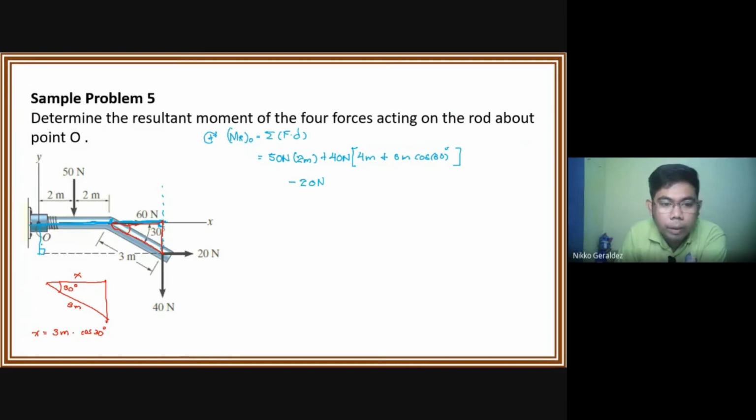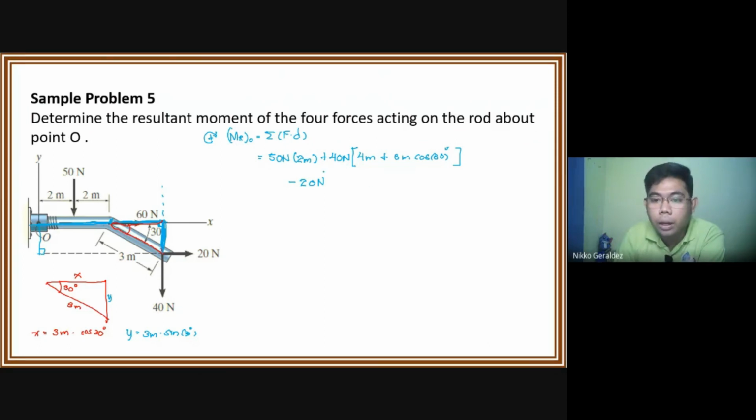This is the perpendicular distance. The perpendicular distance of the 20 Newton is equal to this line, the opposite side of the 30 degrees. Let's call it y. Opposite, so sine theta. So y is equal to 3 meters times sine 30 degrees. That is the perpendicular distance of the 20 Newton.